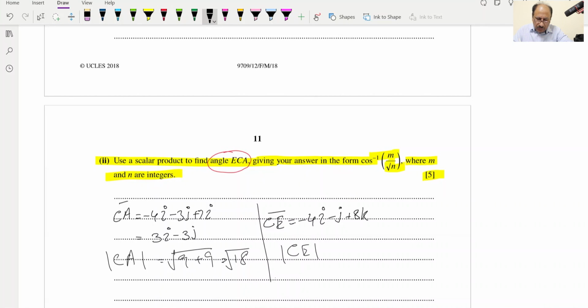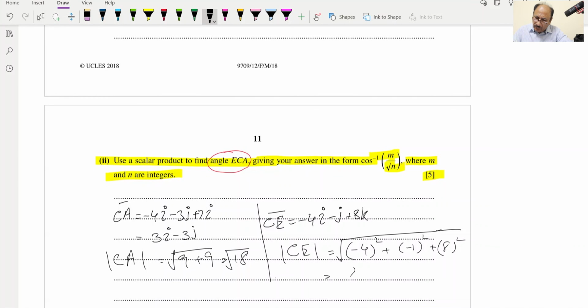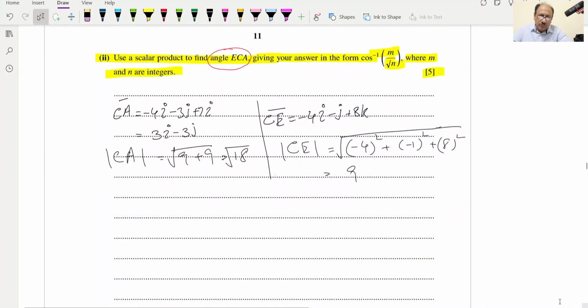CE magnitude will be equal to the root of minus 4 squared plus minus 1 squared plus 8 squared. This will be the root of 16 plus 1 plus 64, and this is equal to 9. Basically this magnitude we already found in the previous part also, so directly you can use this value, but I have calculated again for your clarification.